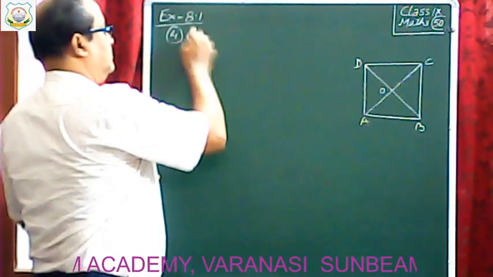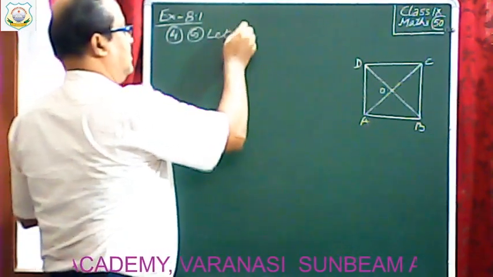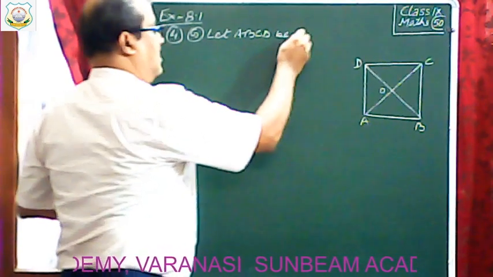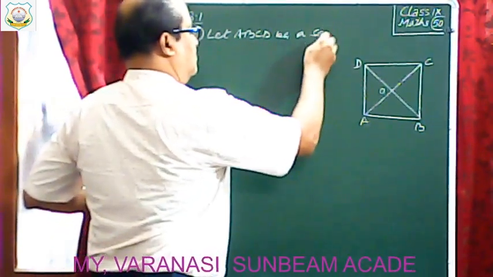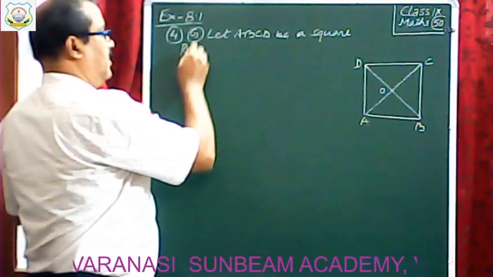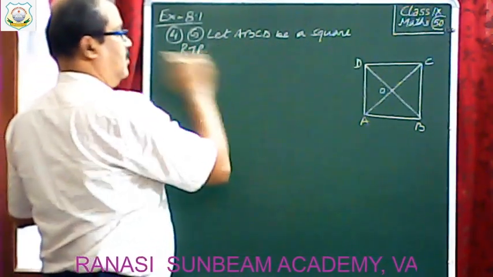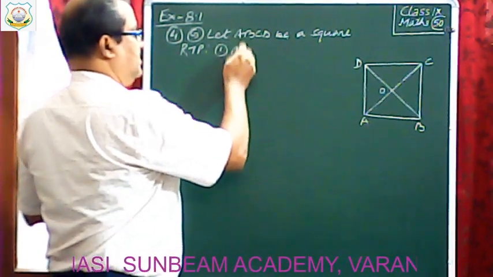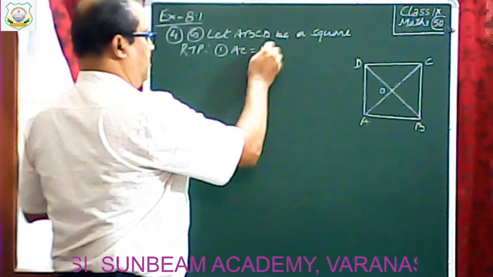Given, let ABCD be a square. Required to prove: first, diagonals are equal, means AC equal to BD.